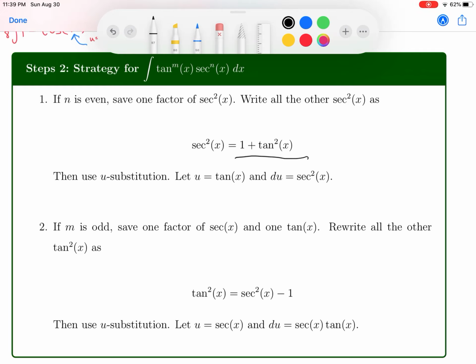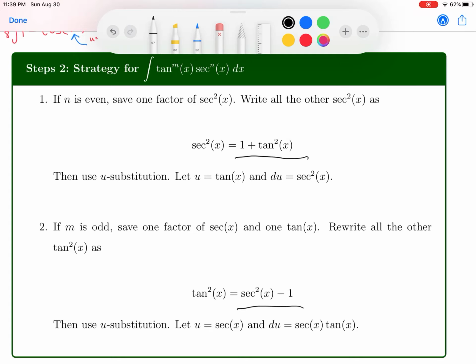So save one factor of secant x and one factor of tangent x. Rewrite all the other tangent squares as secant squared x minus 1. Then use u sub. You're going to let u be equal to secant x, and then you'll see that du is equal to secant tangent. So it will make sense when you're doing it.